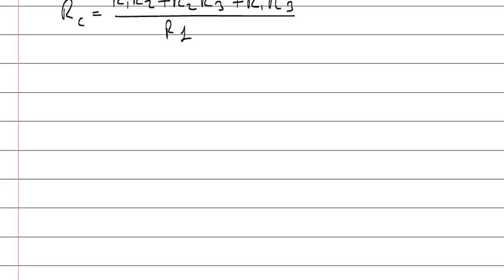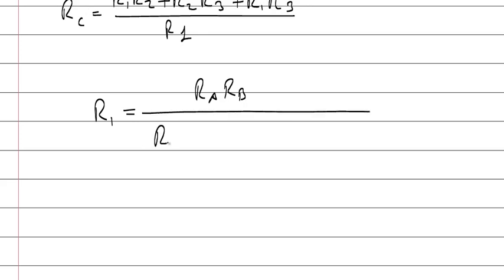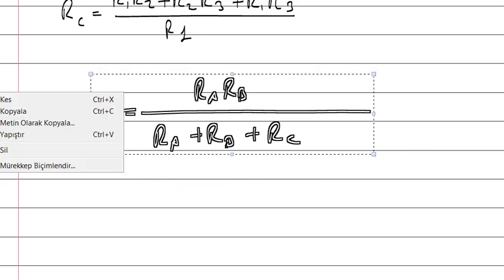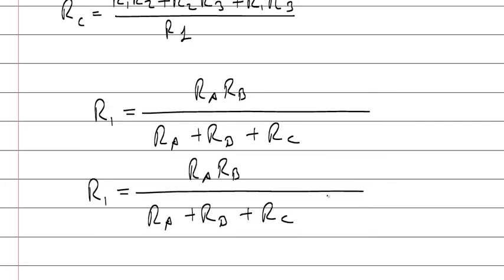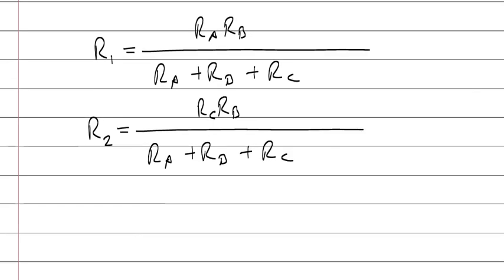We have to calculate R1 from RA, RB, and RC. R1 is RA times RB divided by RA plus RB plus RC. Okay, and similarly you can calculate R2 like this, RC times RB, divided by the same sum.